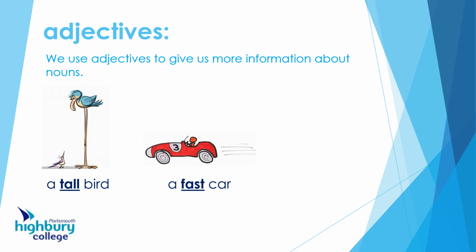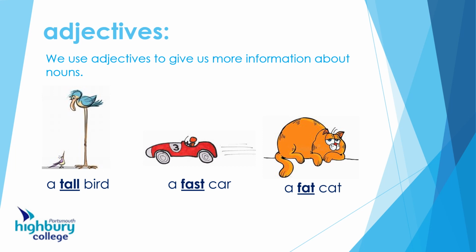So it's a tall bird, or a fast car, and a fat cat. So adjectives give us more information about nouns. And usually, when we write them and when we say them, we put adjectives before the noun. So the adjective comes first, then the noun.